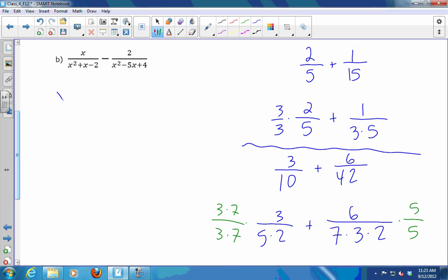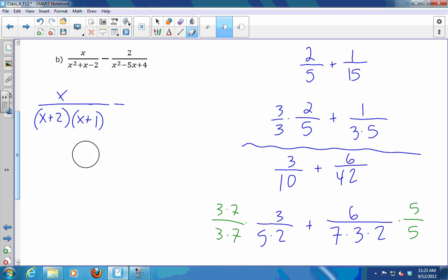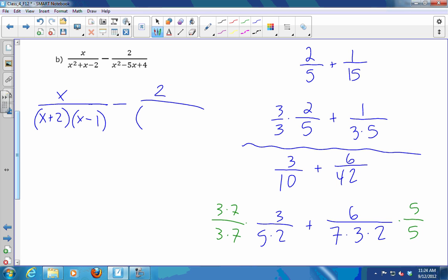Okay, so we're going to have x over x plus 2 times x minus 1. Oh, sorry, I didn't see that minus. Yeah, minus 1. Minus 2 over x minus 4 and x minus 1. Good.